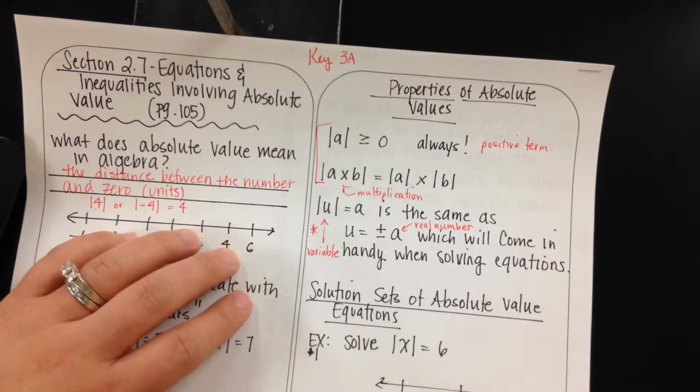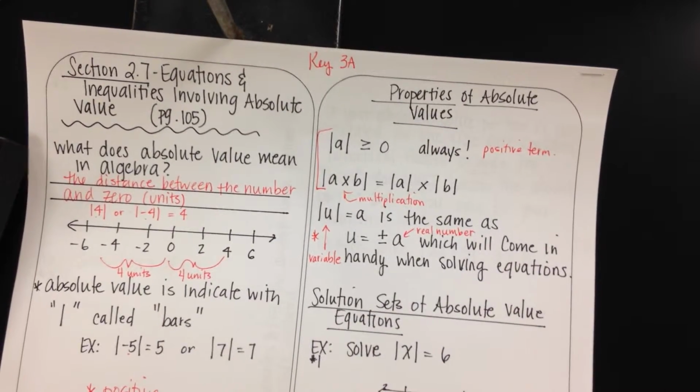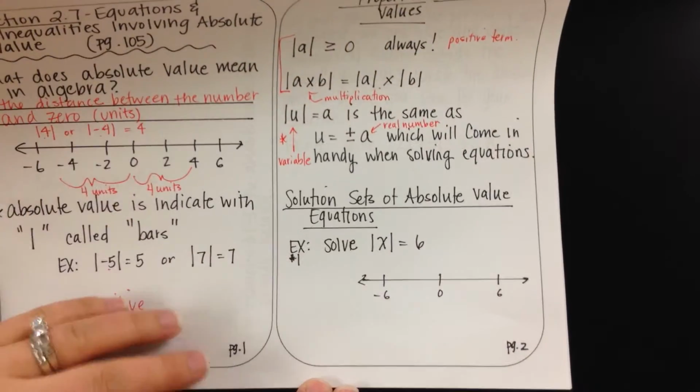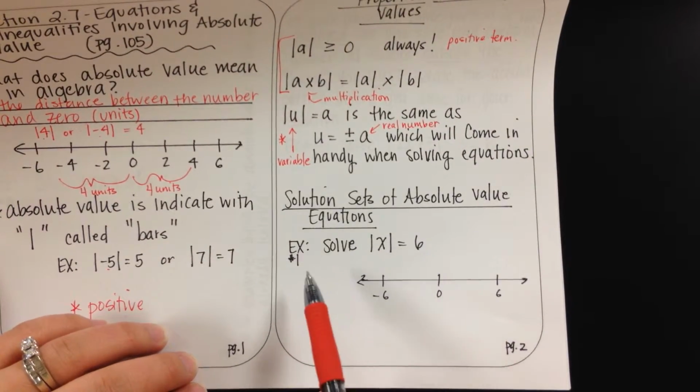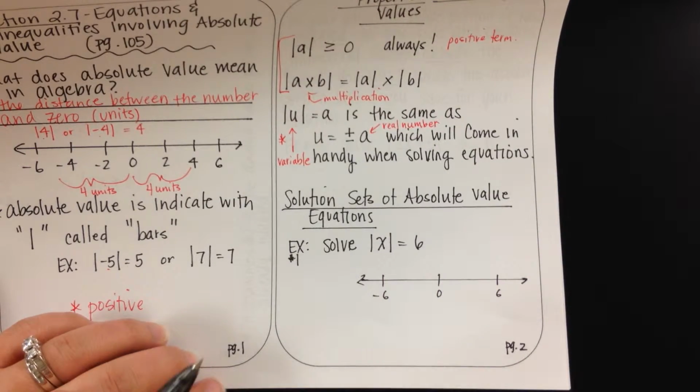Okay, so let's try to apply that to solving an actual equation when we have a variable. The first one is very, very simple. It says solve for x when you have the absolute value of x equals 6.